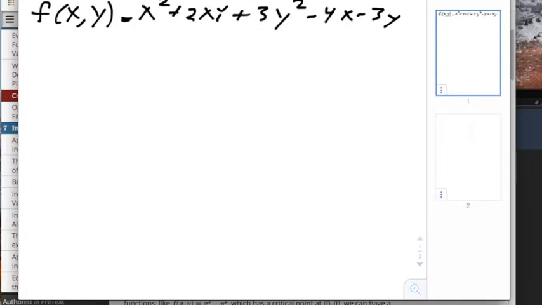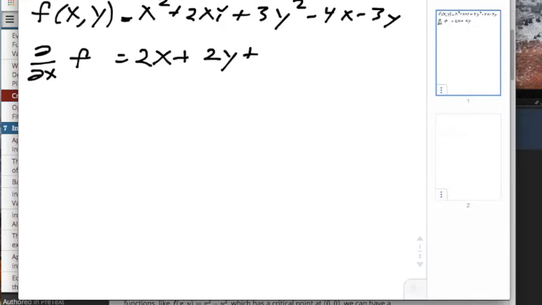Now I can take the derivative of that with respect to x. The derivative of x squared is 2x. If x is a variable and y is a constant, the derivative of 2xy is 2y. The derivative of 3y squared is 0. The derivative of minus 4x is minus 4.